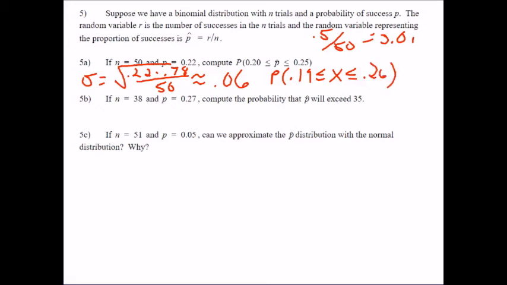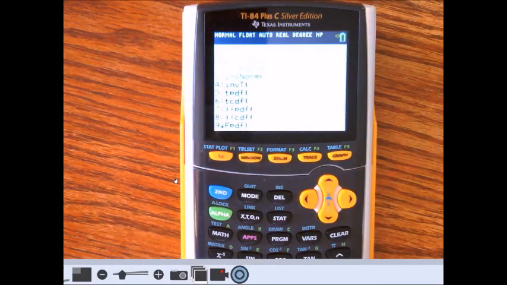And then it's calculator. So second VARS, normalcdf, choice 2.